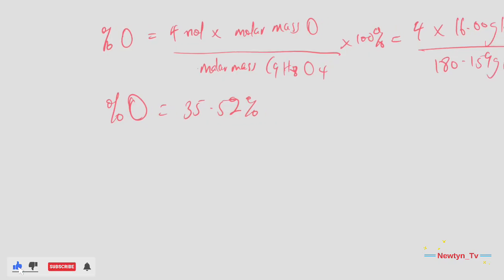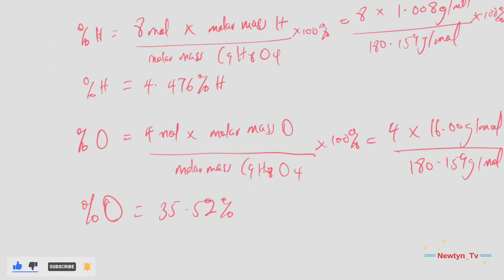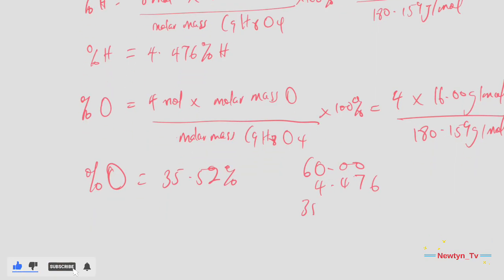So the first one we got 60.00, the second one we got 4.476, and the last one we got 35.52. When you sum it, you should get 100%.